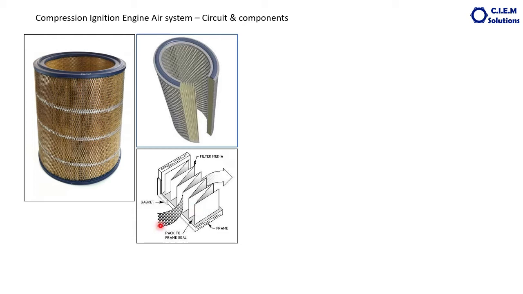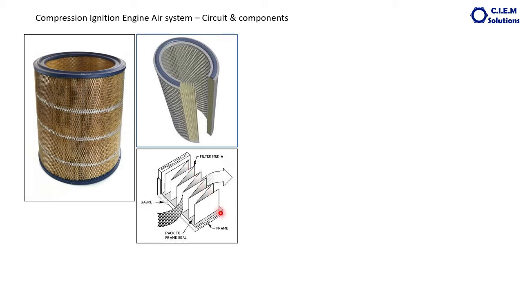Air with contaminants like dust passes from one direction. All these contaminants are filtered by this paper and clean air enters the engine or the turbocharger, whatever it may be. This is called filter media. What we call paper looks like a paper, but it is not exactly paper. It is a cellulose material having fine micro holes.